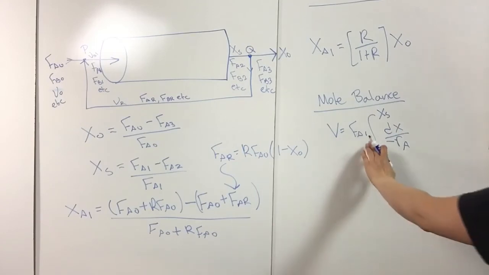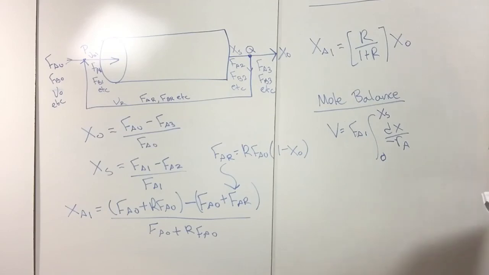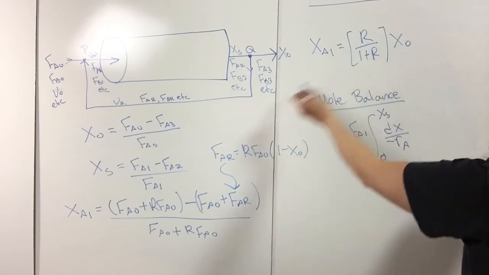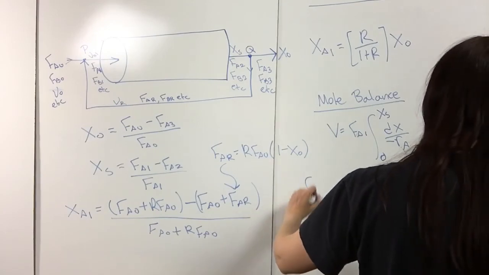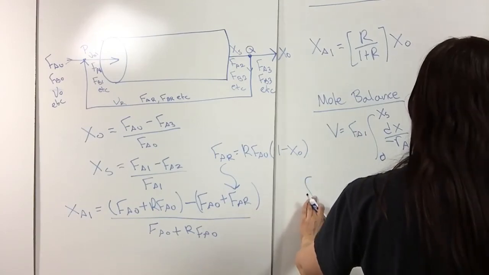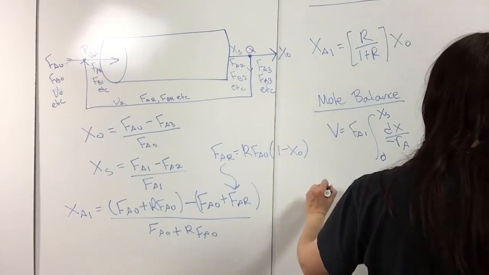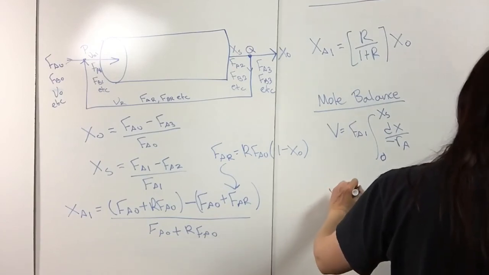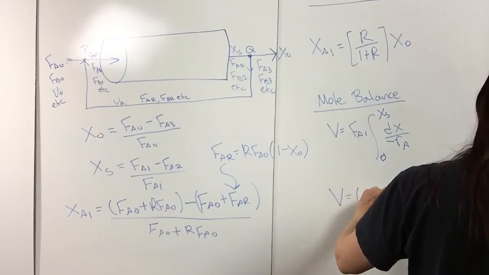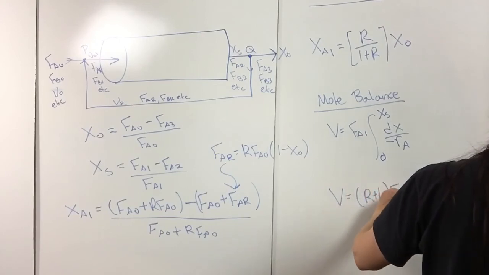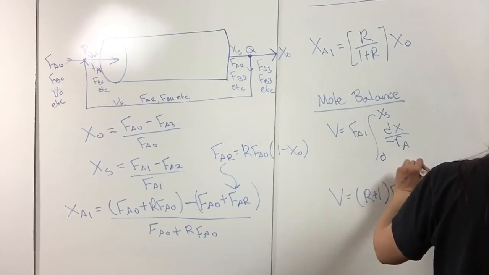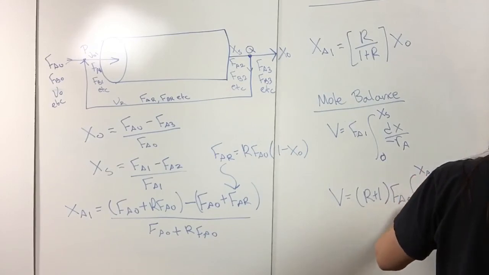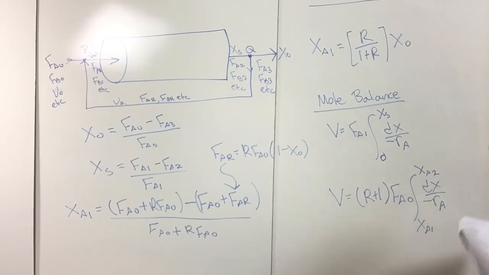So we can actually rewrite this so that there's some conversion using these relationships. If we do that, we get V is equal to R plus 1 times FA naught, integral from XA1 to XA2 of dx over minus RA.